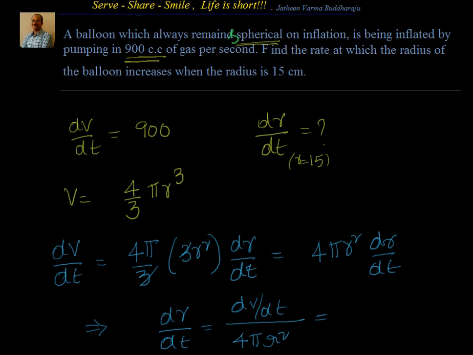Now let's substitute the values. dV by dt is 900, divided by 4 into pi into r square, that is 15 whole square. 4 into 225 is 900, 900 cancels. We have only 1 by pi centimeter per second.